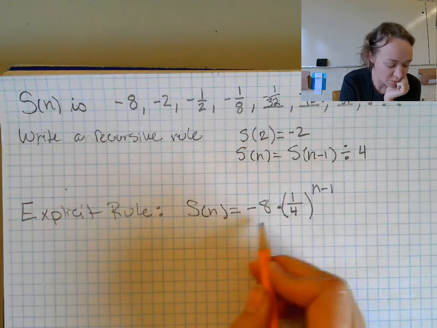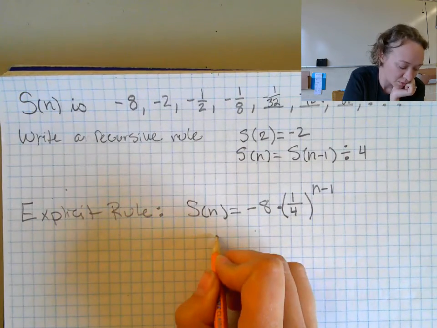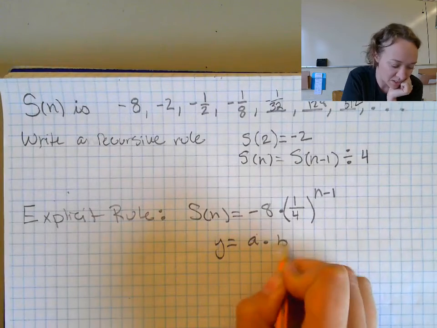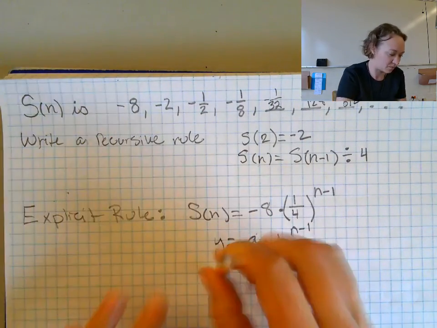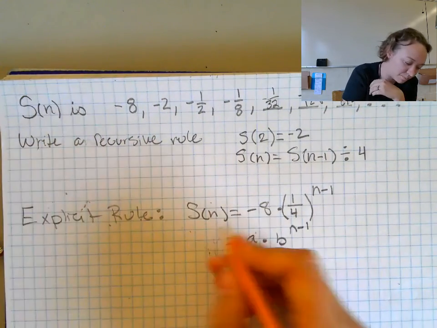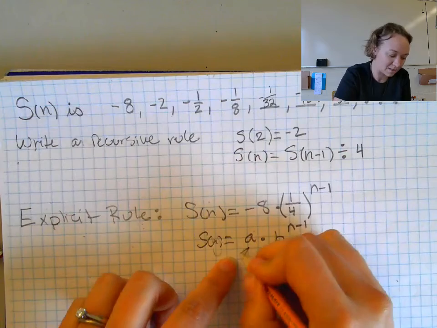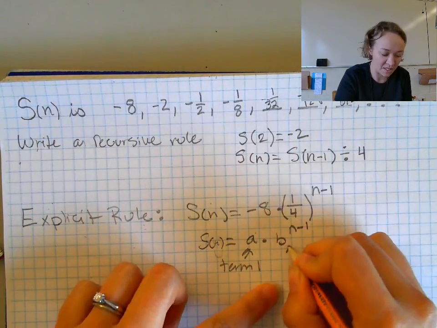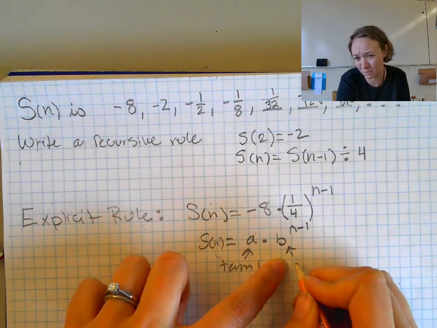So our explicit rule is written in the format of y equals a times b to the power of n minus 1, or I shouldn't say y, I'll say s of n, where a is term 1 and b is the common multiplier.